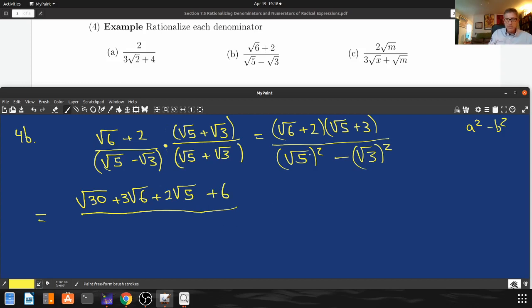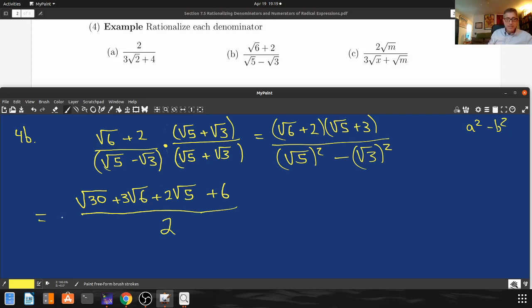And down here, the square root of 5 squared is 5. The square root of 3 squared is 3. So the whole thing becomes 5 minus 3 is 2.